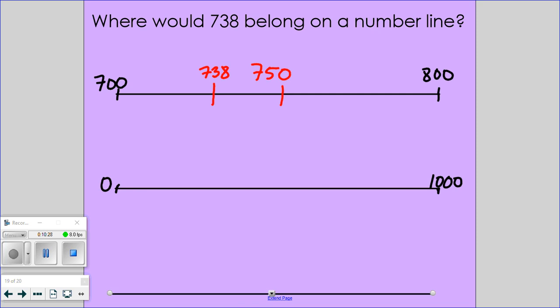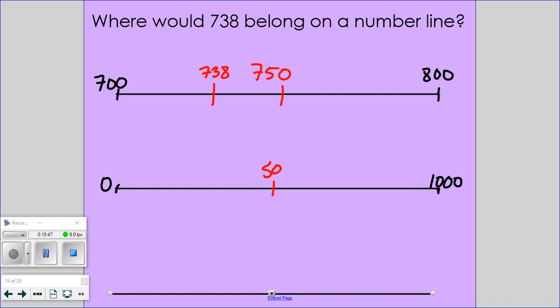All right, what about this big number line? Mason, quit wasting my time. 0 to 1,000. What is the middle of that? Hunter? 500. 500 is our middle.